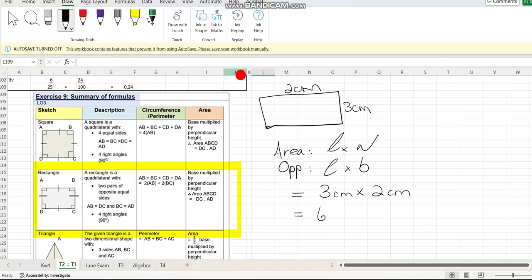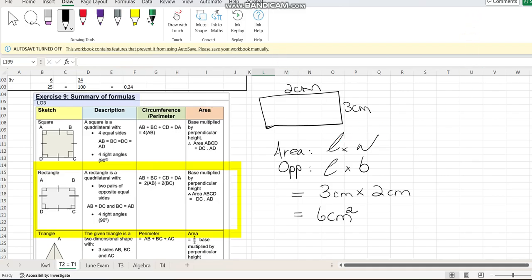And that's going to give me 6 centimeters, but to the power of 2. This 2 is so important. If you leave it out, your answer is wrong. So please do not leave it out. Okay, so this is just the plain and simple how to get your area.